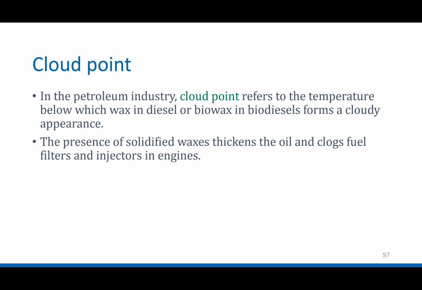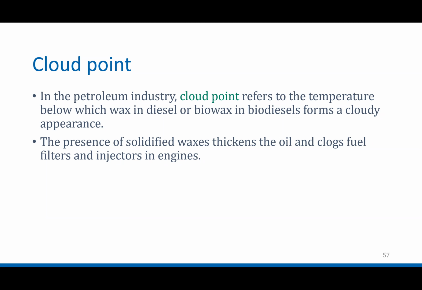Okay, so what do I mean by cloudy? Cloudy means you can't see through it. You think about a precipitate in the lab. Cloudy is almost milky. It's not opaque, or it is opaque, I never get that right. But cloudy, kind of like a precipitate forms. This happens at a certain temperature because when things get colder, they begin to solidify.